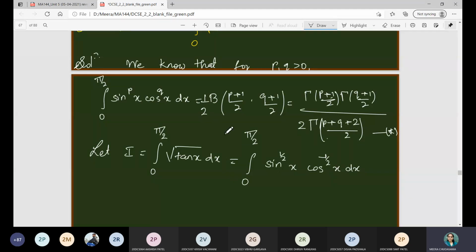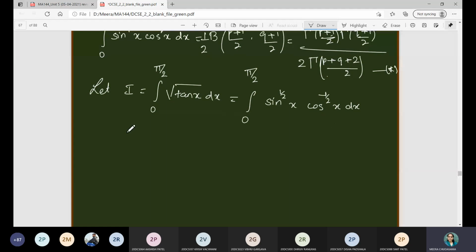So comparing this integral with the star, we can see that p can be considered as 1 by 2, q can be considered as minus 1 by 2. Rest of the things are same, limits as well as the other quantities, so the right hand side will also be the same, right?